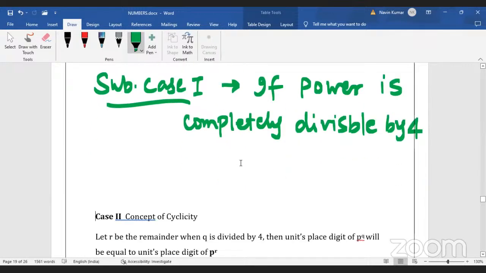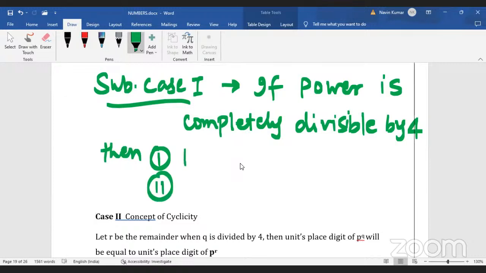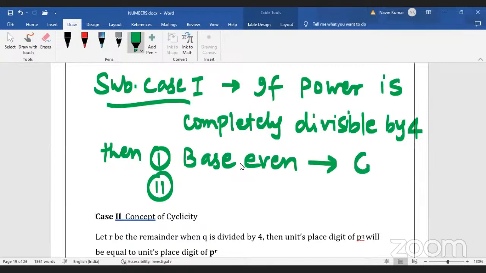Subcase 1 says if power is completely divisible by 4, then if the base is an even number, answer will always be 6. If base is an odd number, answer will always be 1.